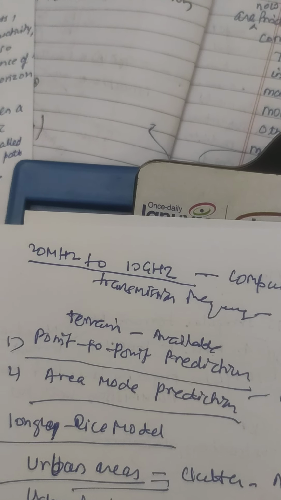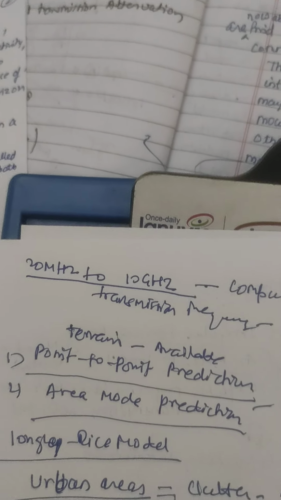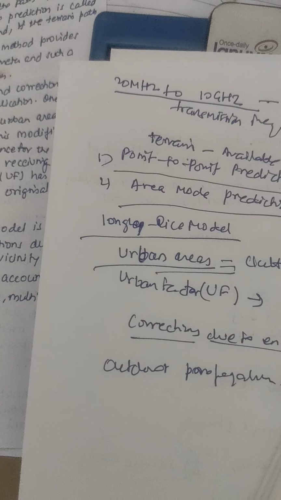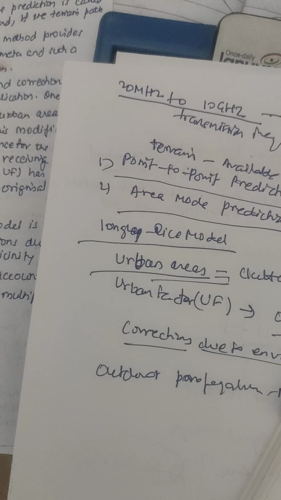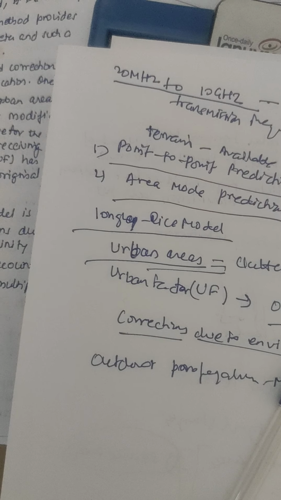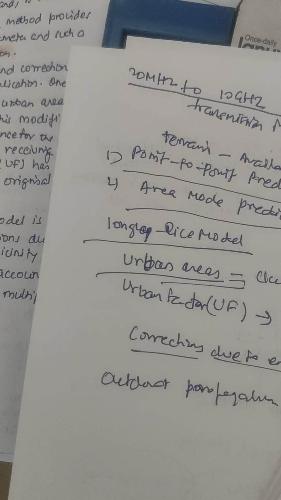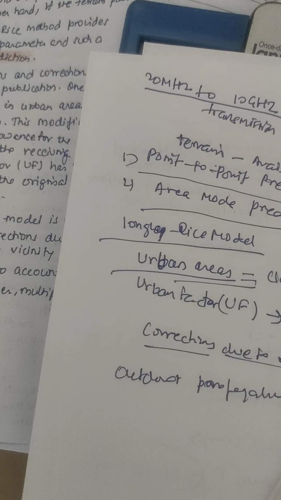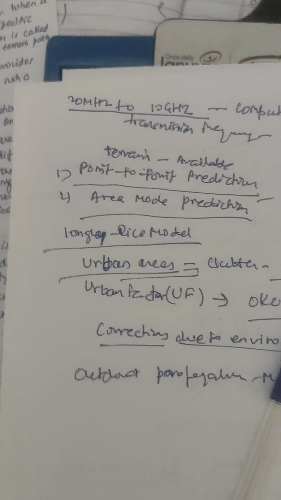The outdoor propagation models give so many models, but these three models are important, and we have already seen the Longley-Rice model. Now move towards the Okumura model. In the early days, the models were based on empirical studies.